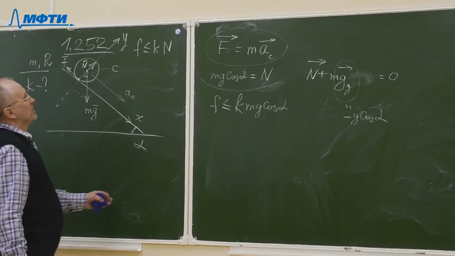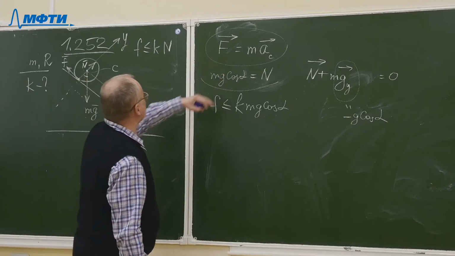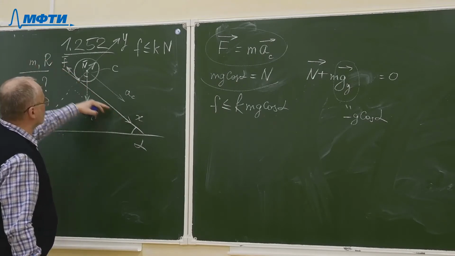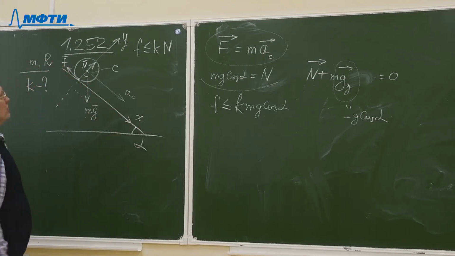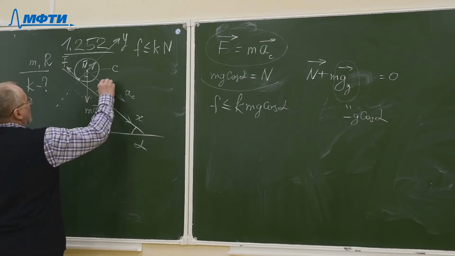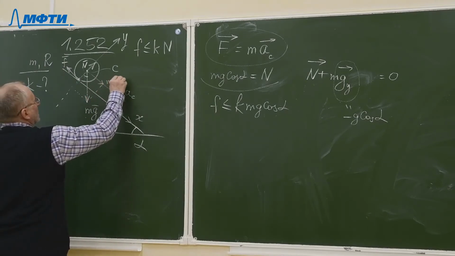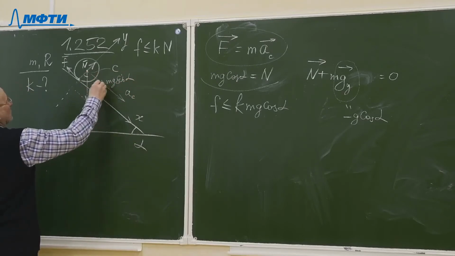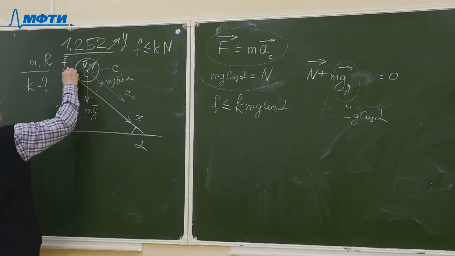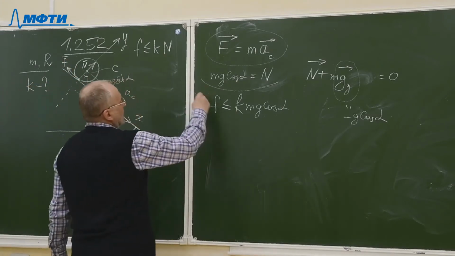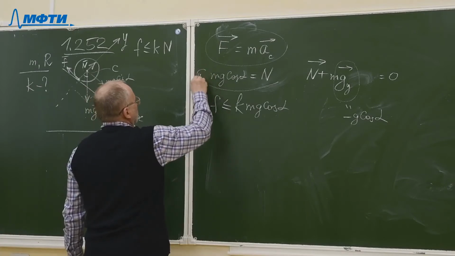Now we consider the projection of this vector equation on the x-axis. What happens along the surface? Along the surface, there are two forces: mg sine alpha, this component, and in the opposite direction we have the force of friction. That will be the result of projecting on the y-axis.